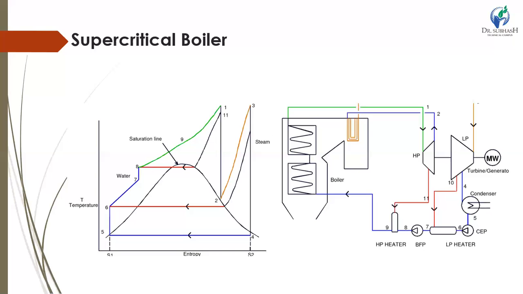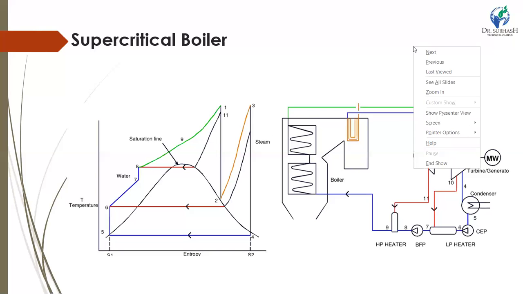Another disadvantage is that due to absence of a steam drum, dissolved impurities are carried with the steam, which may be deposited on boiler tubes and reduce heat transfer rates. So these were the disadvantages of the supercritical boiler.